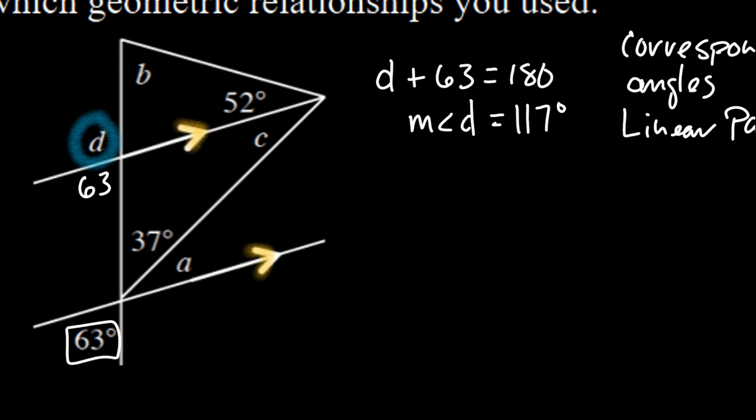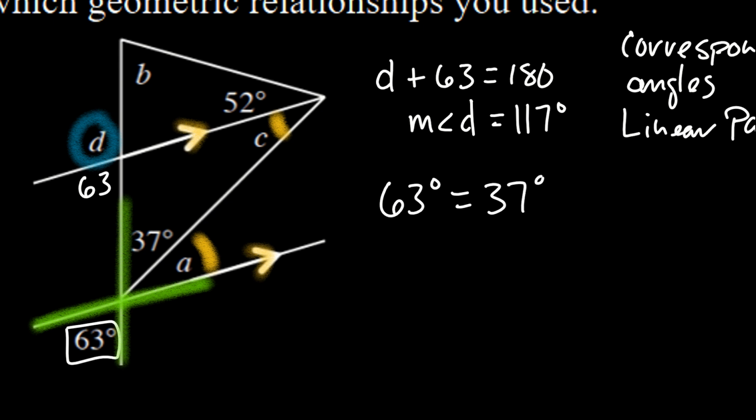I know that whatever they are, C and A are going to be the same. Oh, and I also know this. These lines right here intersect. I know that some vertical angles here. I've got that the 63 degrees has to be equal to the 37 degrees plus A. And why is that?